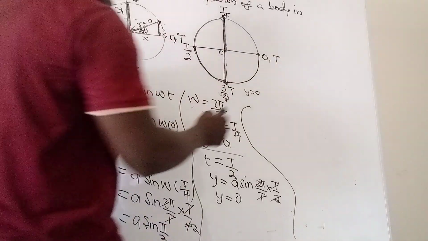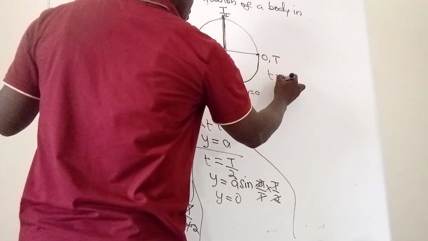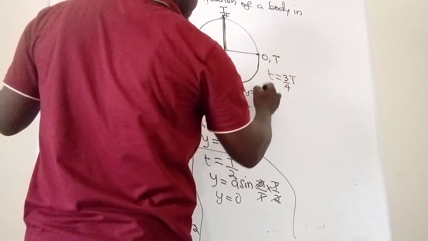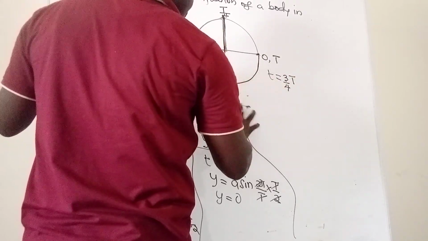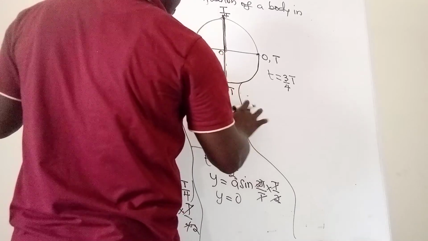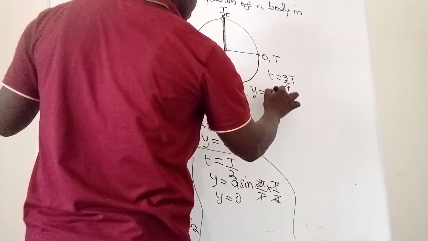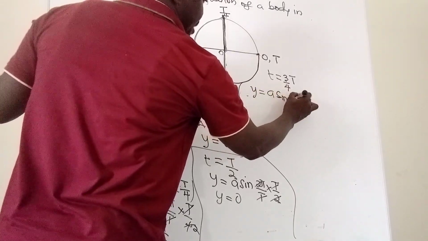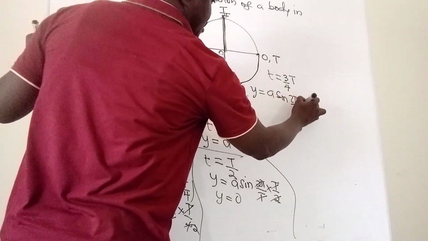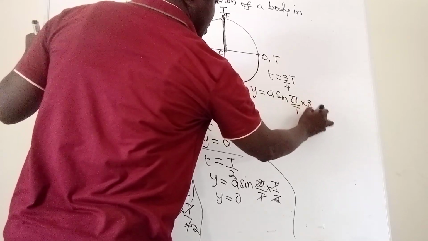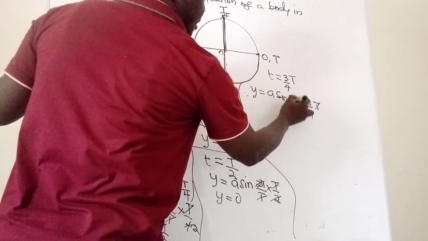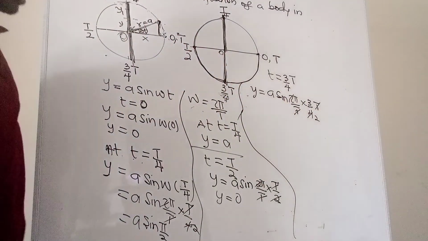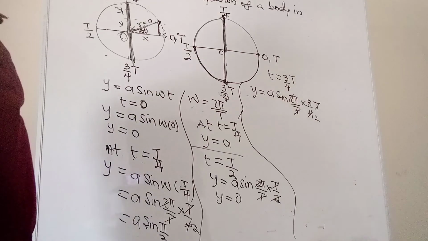But let's see. So at t is equal to 3/4 of the period, we have y is equal to a sine 2 pi on T by 3/4 of T. And pi on 2 is 90.